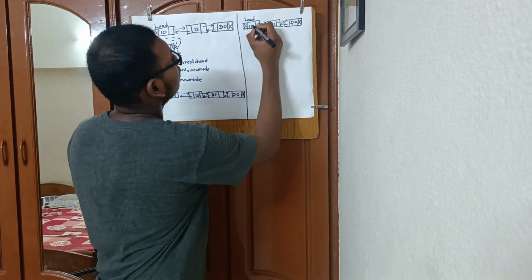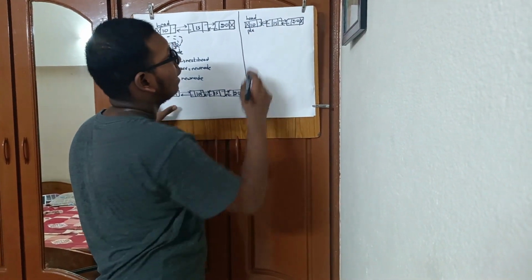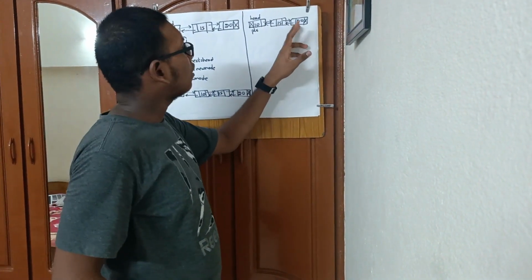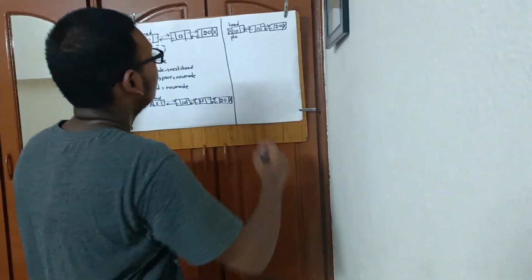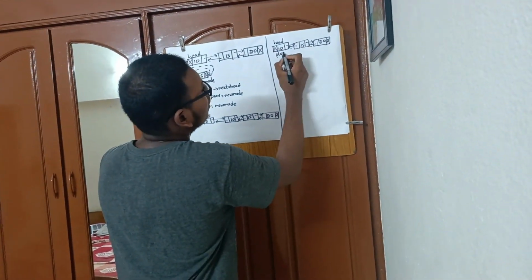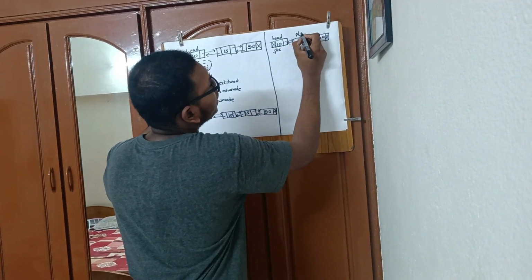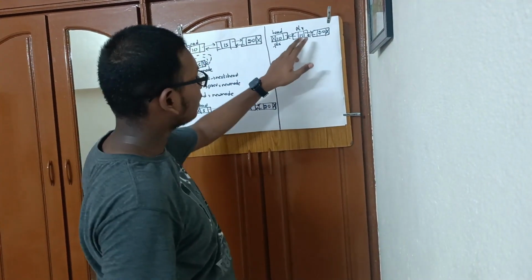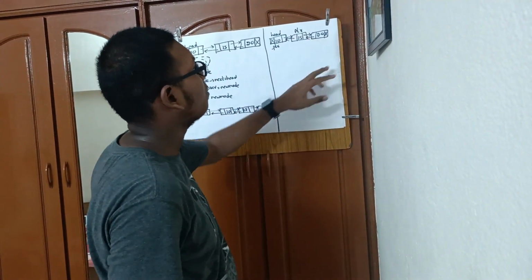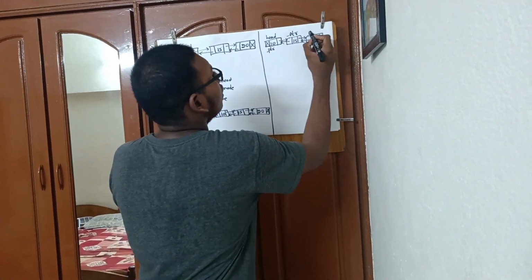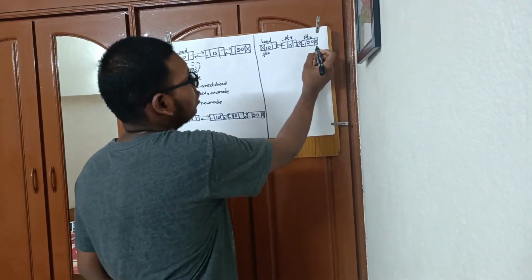So we take another variable ptr and traverse it until ptr next equals to null. Here ptr next not equals to null, so we update ptr equals to ptr next. Again ptr next not equals to null, so we update ptr equals to ptr next. But here ptr next equals to null.